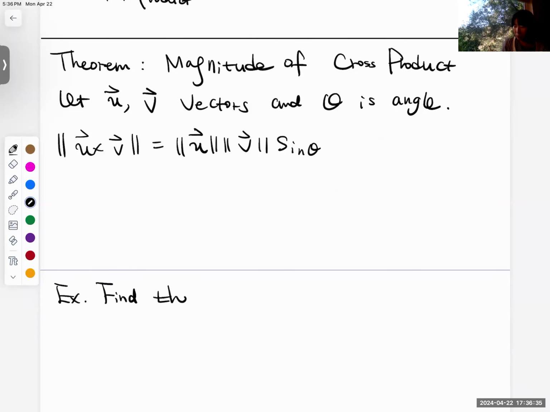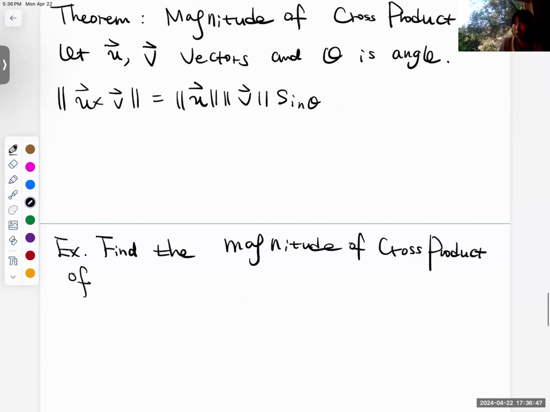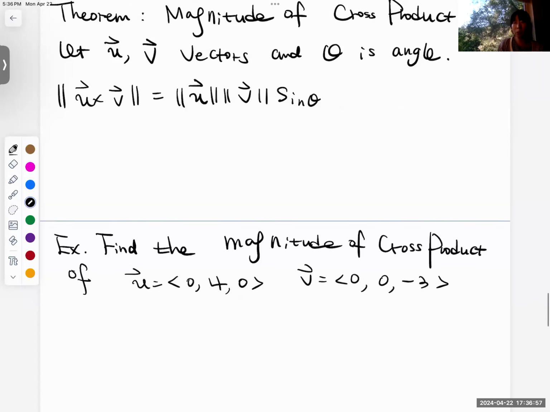Find the magnitude of the cross product of U equal to 0, 4, 0, V equal to 0, 0, -3.